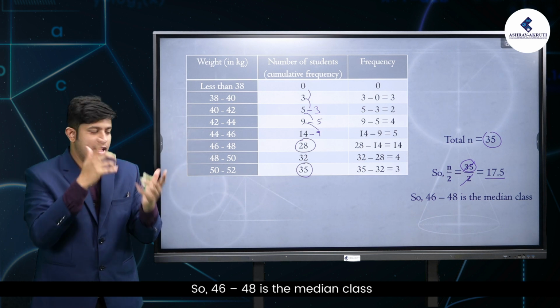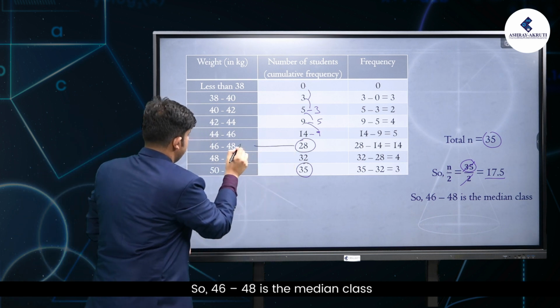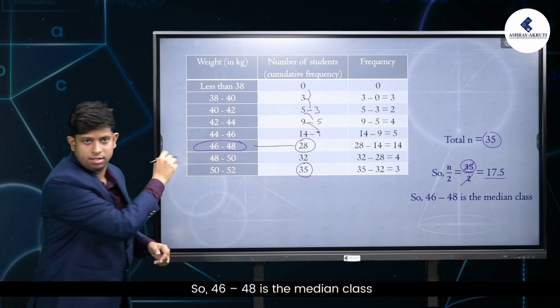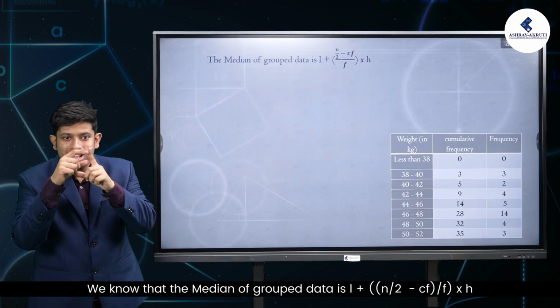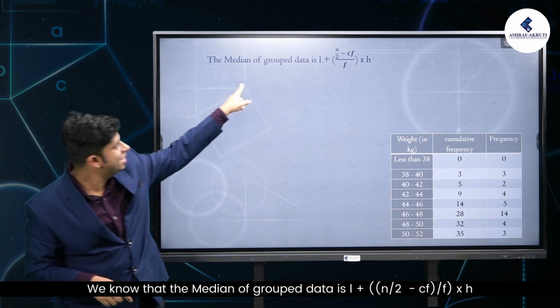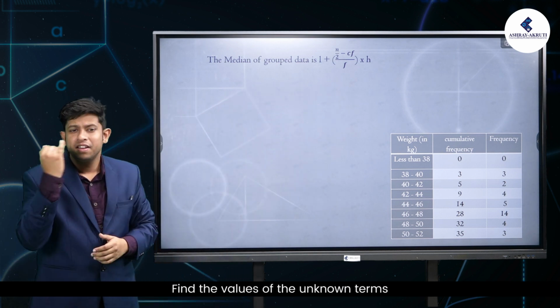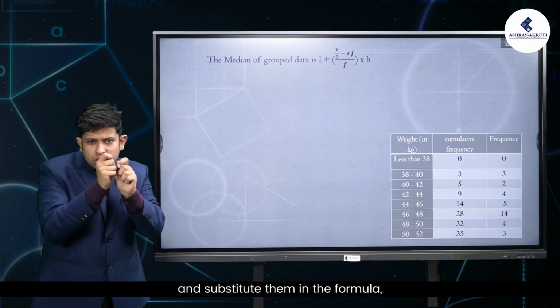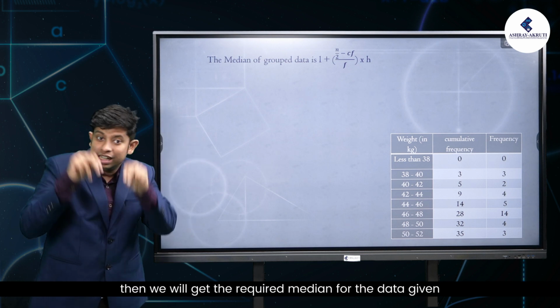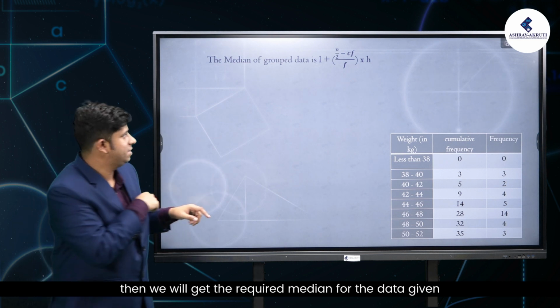So 46 to 48 is the median class. We know that the median of grouped data is L plus n by 2 minus Cf by f into h. Find the values of the unknown terms and substitute them in the formula. Then we will get the required median for the data given.